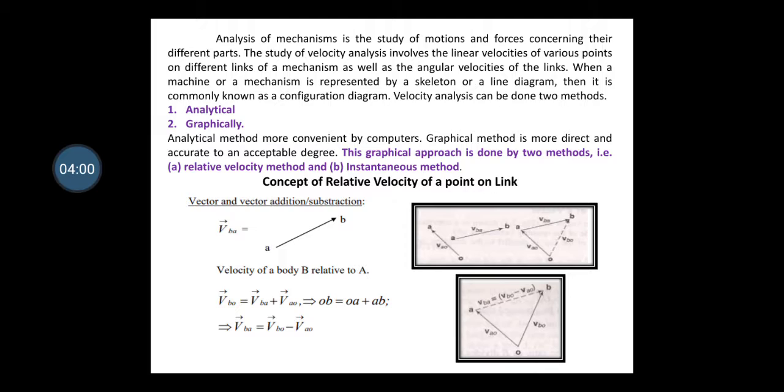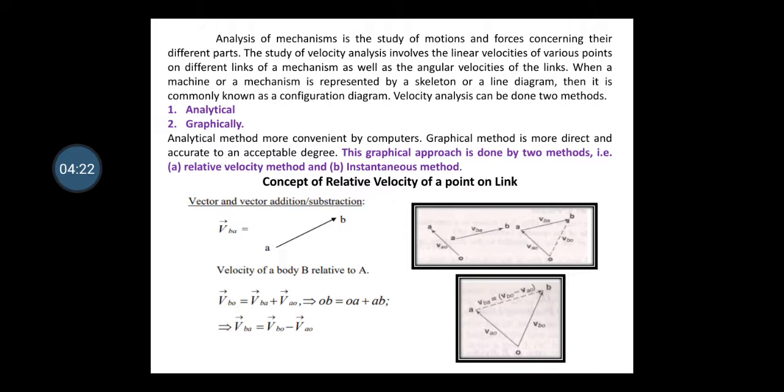Now let's see the concept of relative velocity at a point on a link. Let us consider that particle A moves with an absolute velocity VA with reference to a fixed or stationary object.